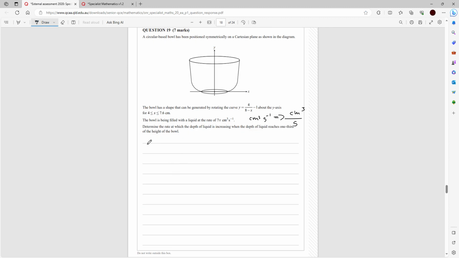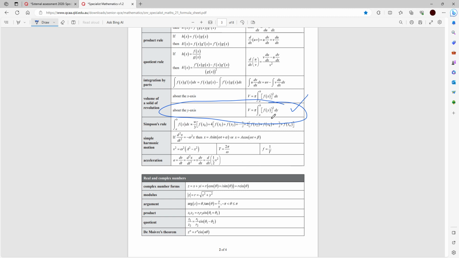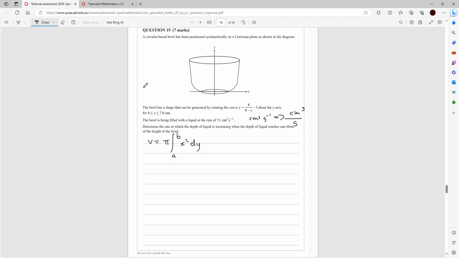So just write volume is pi integral from A to B of x squared dy. Now, in the formula sheet, they have it as a function of y. A function of y means it's in terms of x, because f of x is y. So that means f of y is x, pretty much. So write it like that, and you've already got a mark if you don't know what to do, okay?